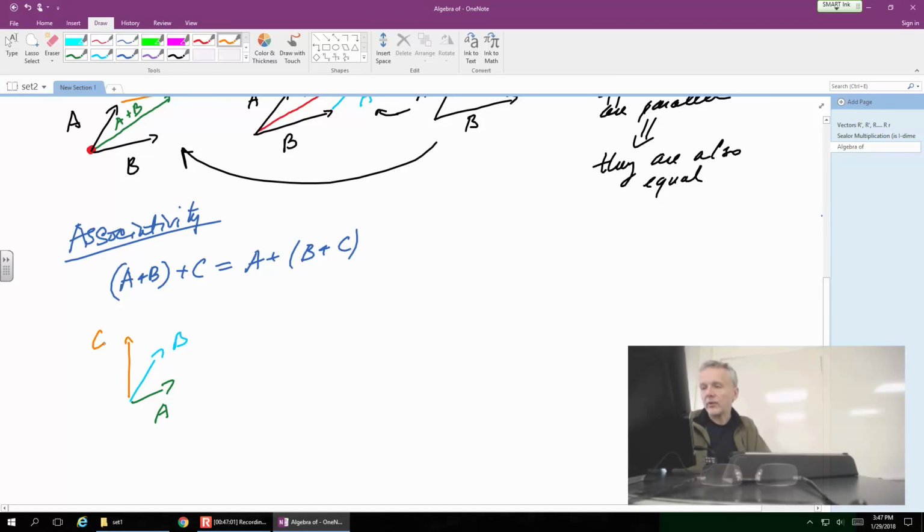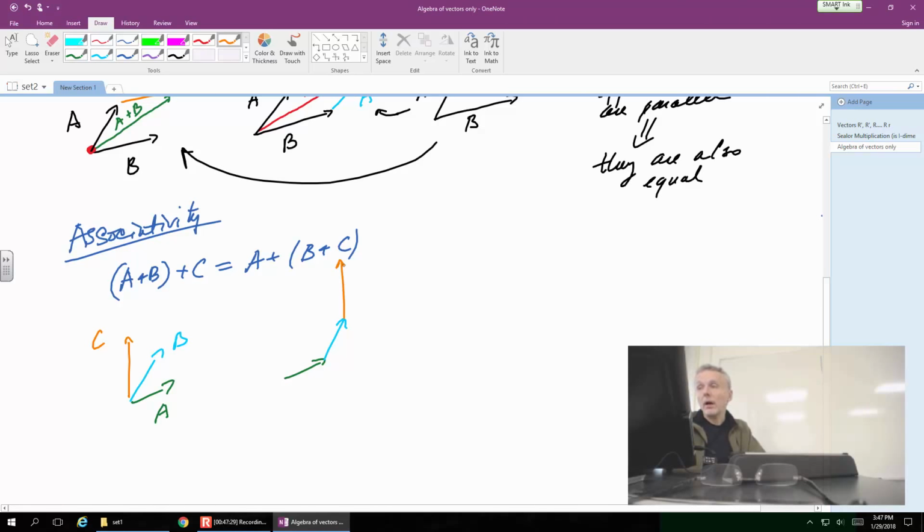Okay, so A plus B. I'm doing the left-hand side. So A plus B, and I'm adding C. I'm adding B like this, and that's my B, and after that I'm supposed to add C, this one. That's the left-hand side.